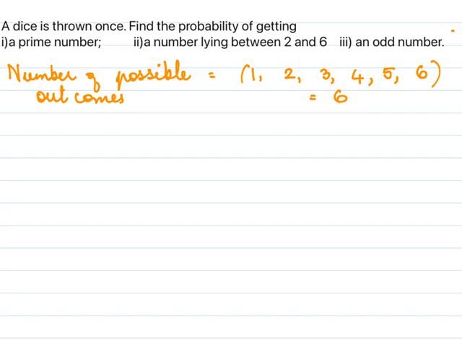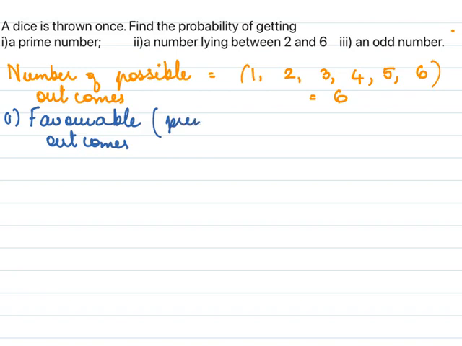In the first case, we have a prime number. So, for favorable outcomes, that is of a prime number, a prime number is a number that has got just 2 factors. Now, 1, remember, is not a prime number.